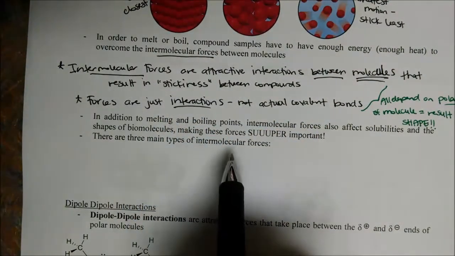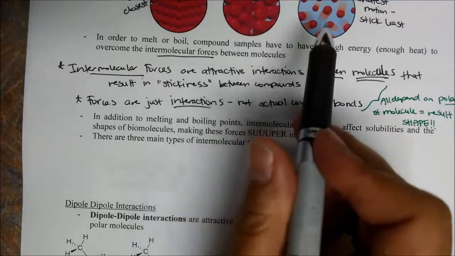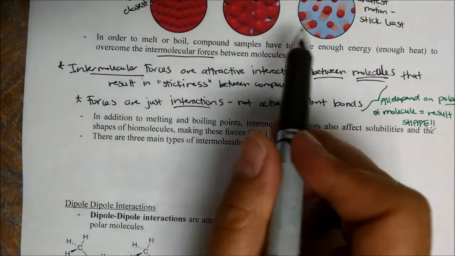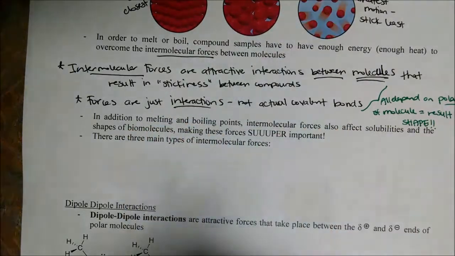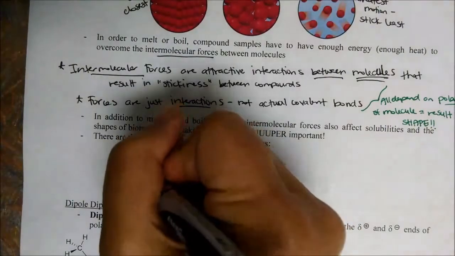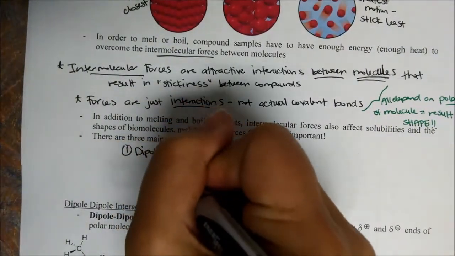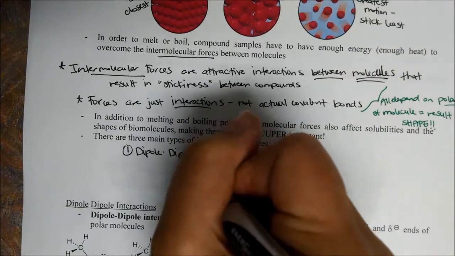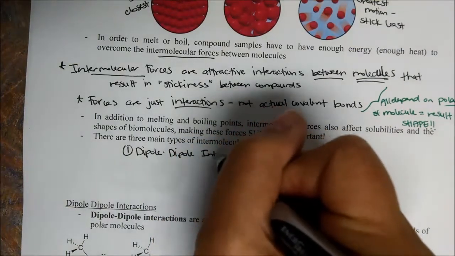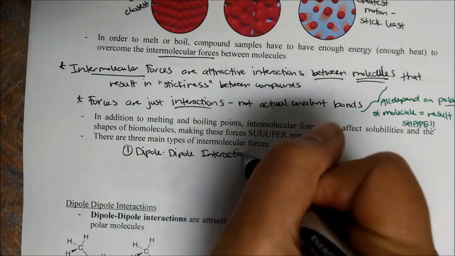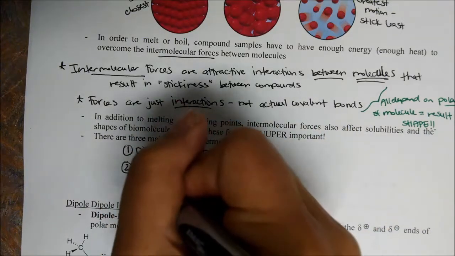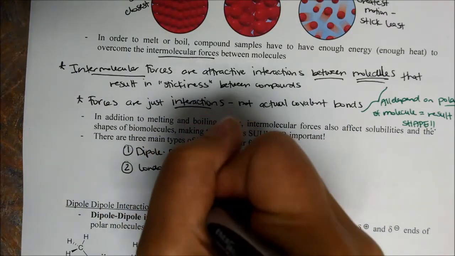There are three main types of intermolecular forces, the forces that kind of hold the molecules in each state. First up is dipole-dipole interactions. Second, we're going to talk about London dispersion forces.